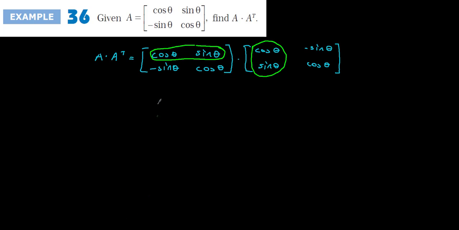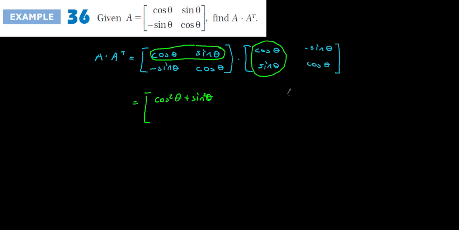So the resultant matrix is going to be equal to, I'm going to change the color by the way, cosine theta times cosine theta, cosine square theta. Sine times sine theta is equal to sine square theta. Okay, the first row, first column, we finished. First row, second column, we are coming.